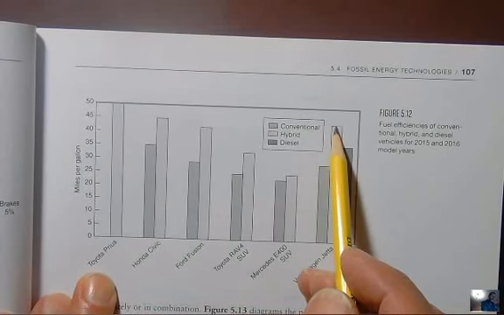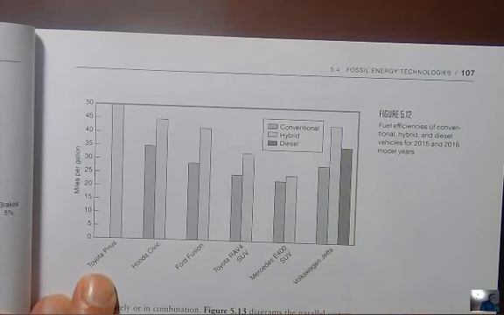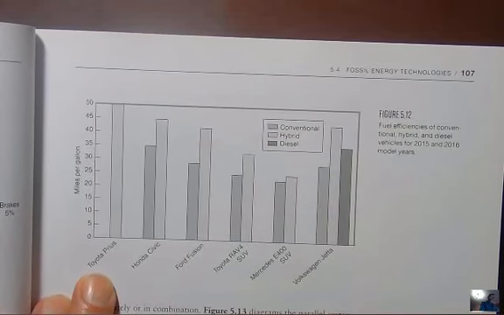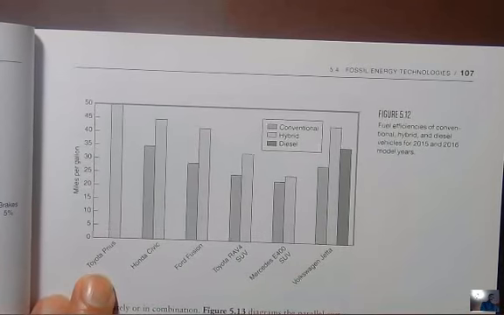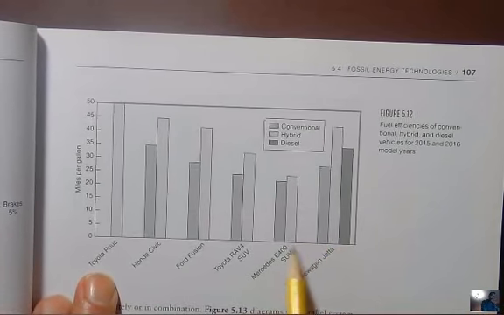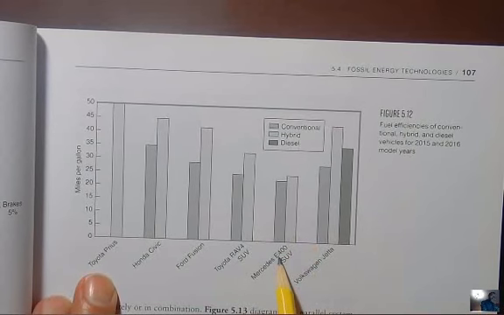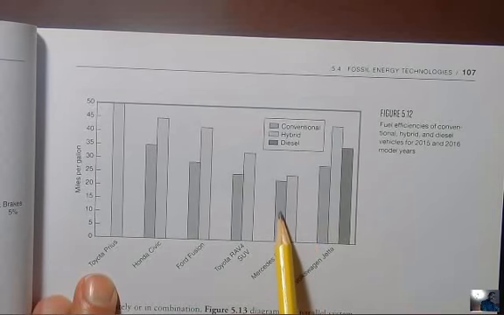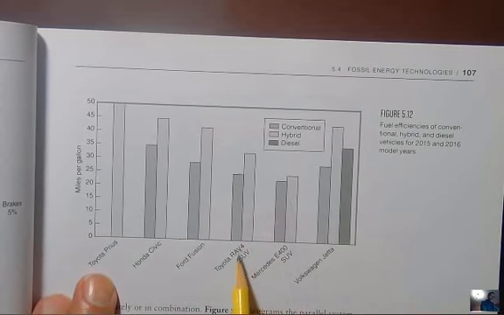The hybrid gets the best gas mileage because it has a way to collect the energy that you're not using from the internal combustion engine, create electricity, and use it later on with a motor, and we'll talk about that in a second. Okay, here's a Mercedes E400 SUV. There's hardly any difference between the hybrid and the conventional, you only get a little bit better gas mileage, which is crazy.